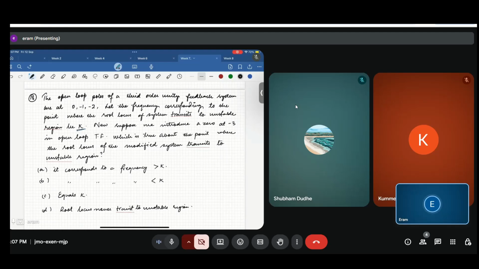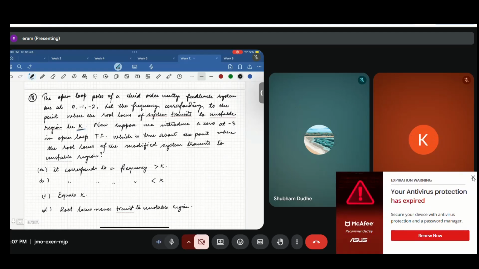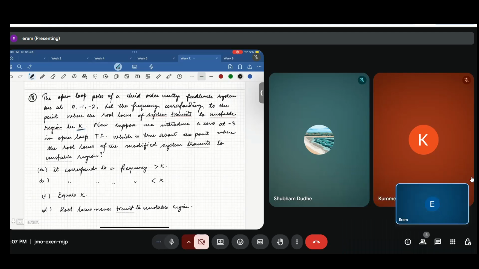And then we are introducing a 0 at the location -3 in the open loop transfer function. Then which among the following four options is true? If any one of you have not joined the previous session, you can try this now, then I will solve it for you.